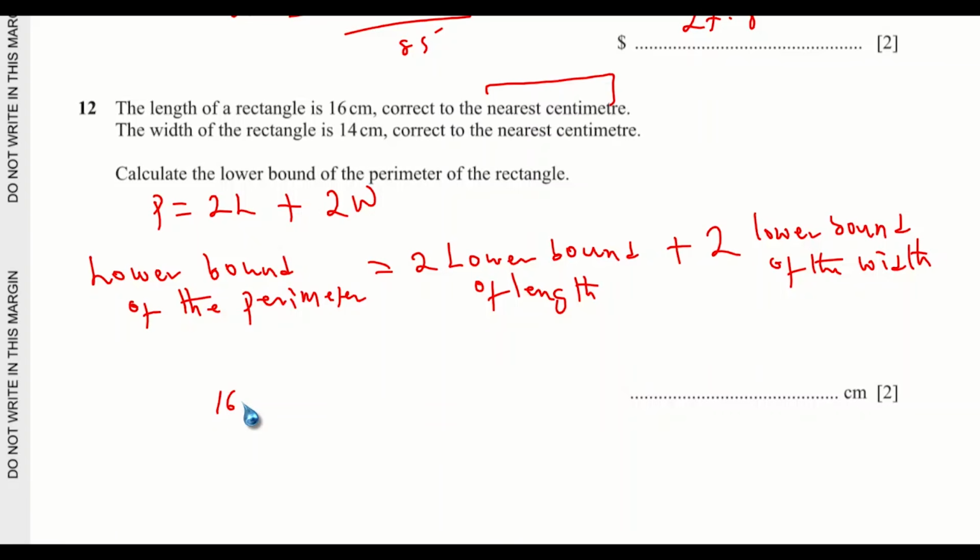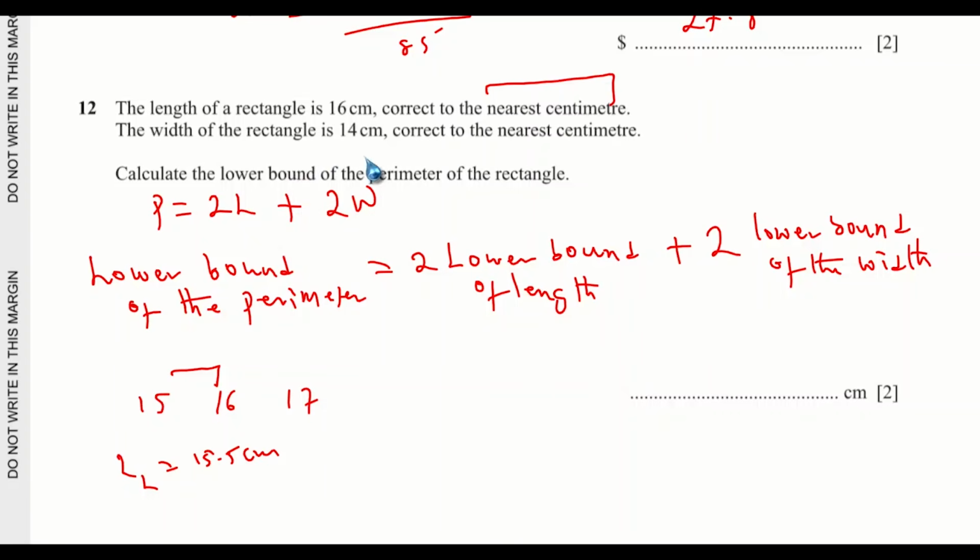We have 16 centimeters, the next one will be 17 centimeters, and the one before 16 will be 15 centimeters. So the lower bound is the midpoint of 15 and 16. So the lower bound of the length is 15.5 centimeters.